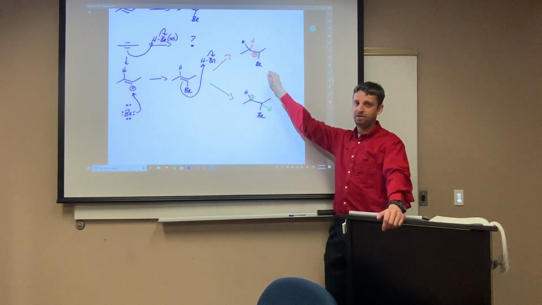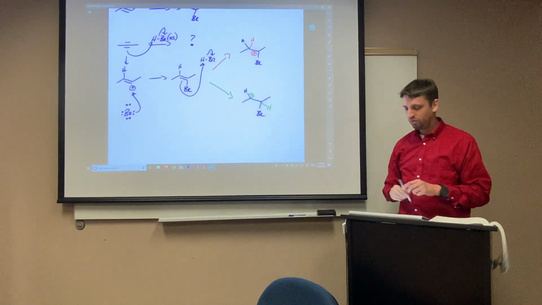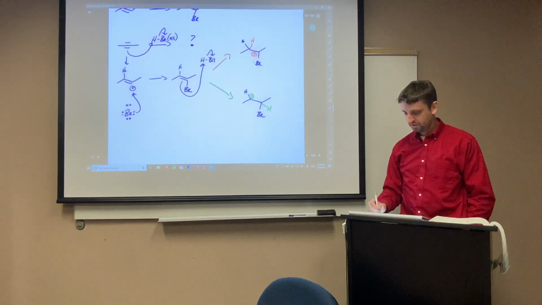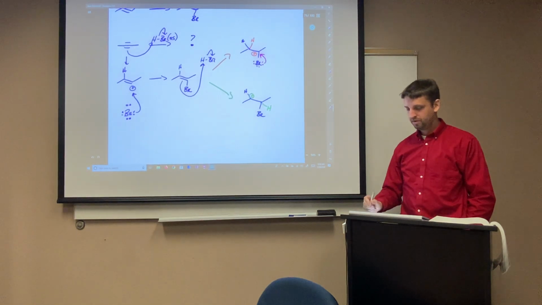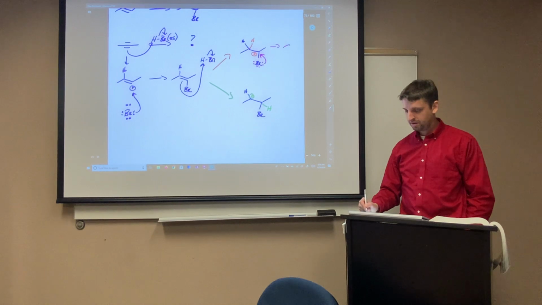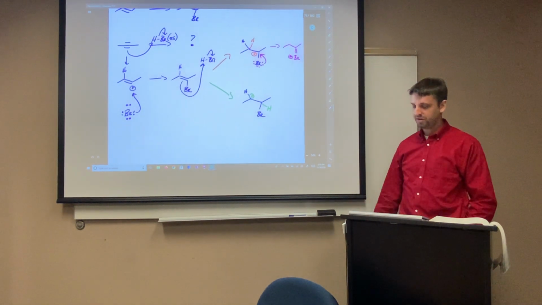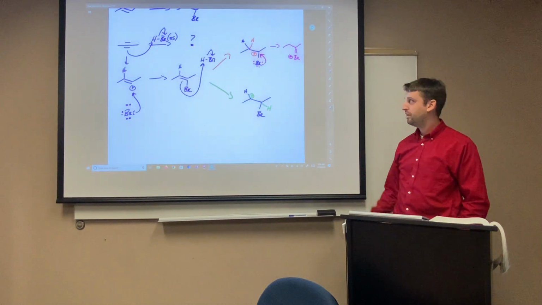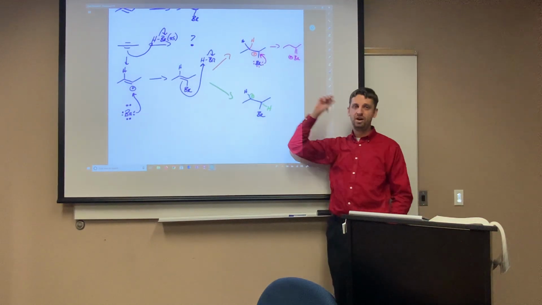But this is actually the intermediate that forms. Why? Well, don't forget, just because we don't draw them on there doesn't mean that the lone pairs aren't there. So we can resonance stabilize this positive charge.